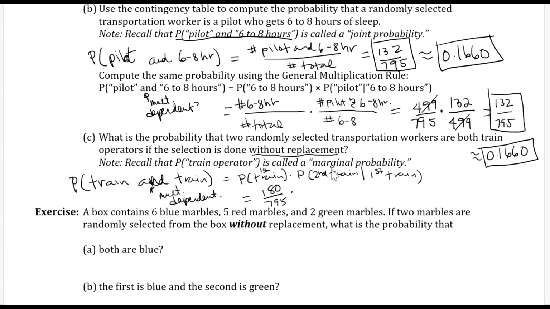However, when we take that first train operator out of the pool, we now only have 794 left to choose from, and we only have 179 train operators to choose from. So we have 180 times 179.